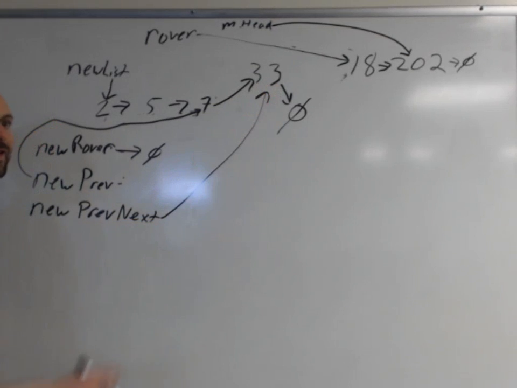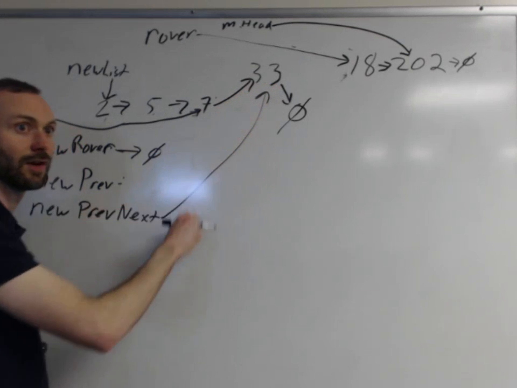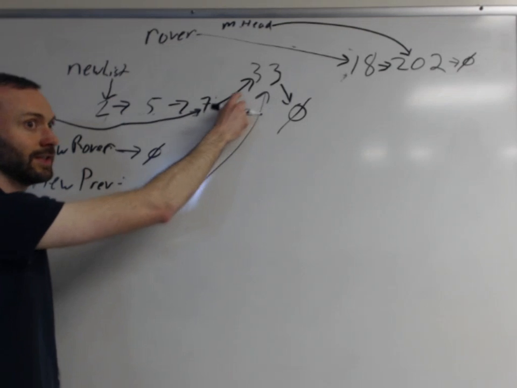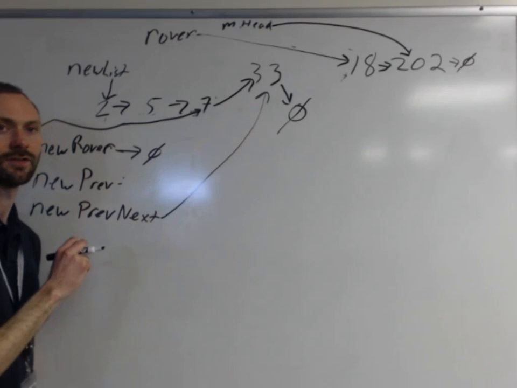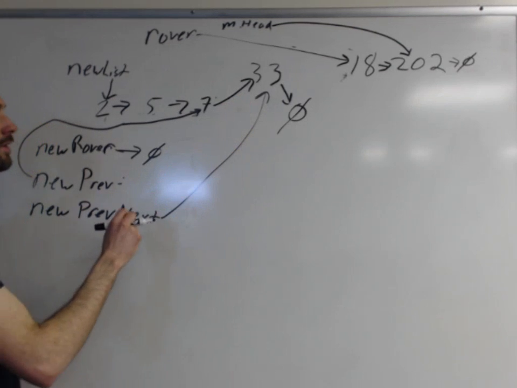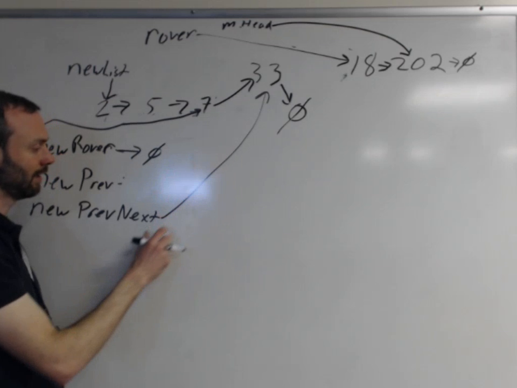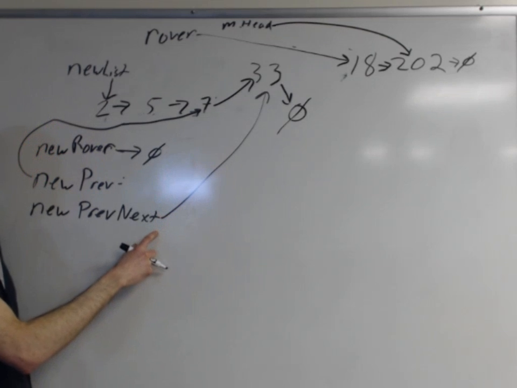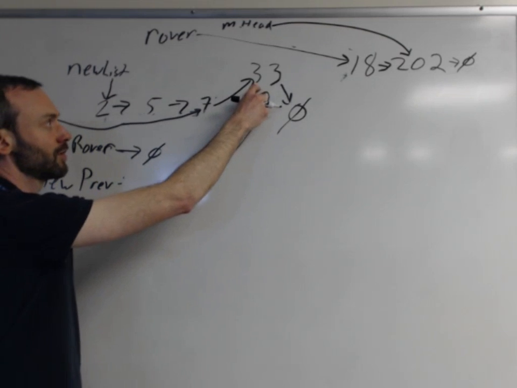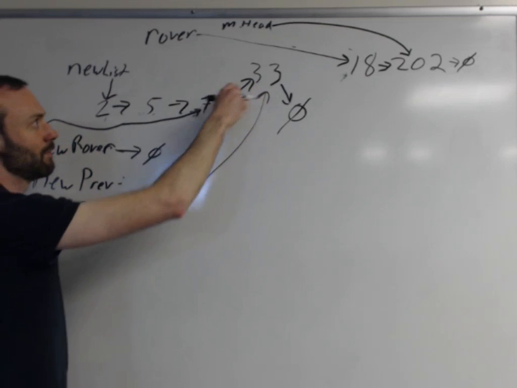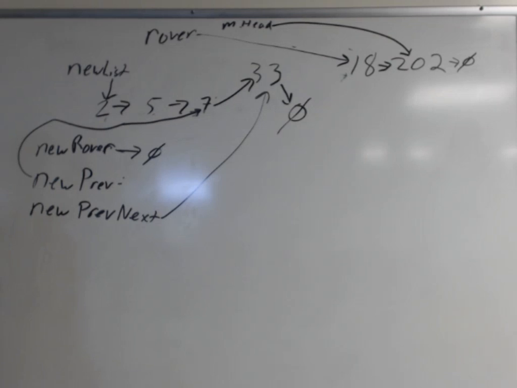So it's going to point to that 33. That saves this link, is what I'm doing. I'm saving this link so that later I can use it. Y'all see what's going on? The link between 7 and 33, this arrow right here, I'm saving it in this variable. It's essentially what I'm doing, because I'm copying the memory location of 33. That way later I can put that memory location back.